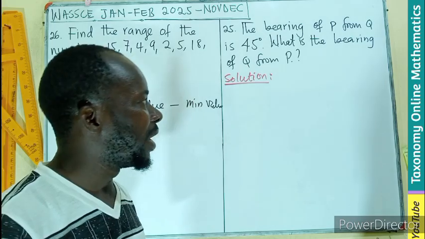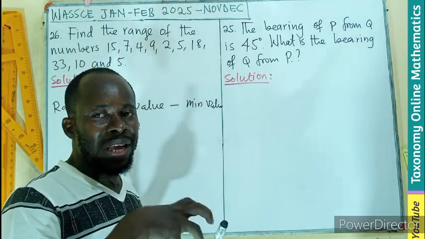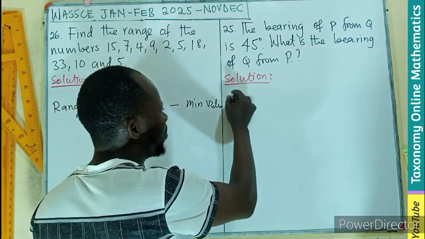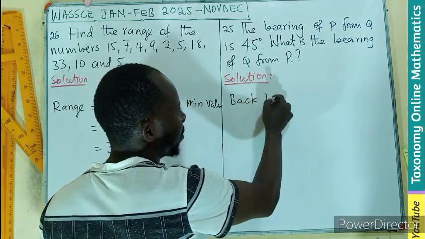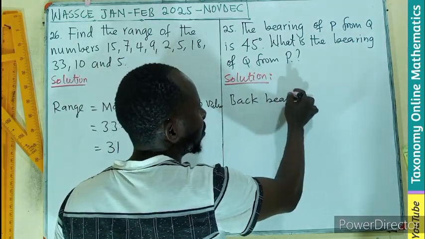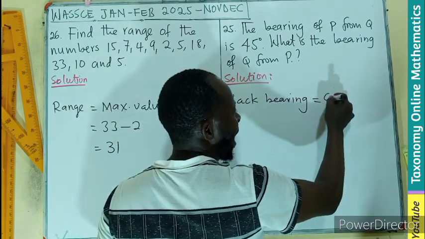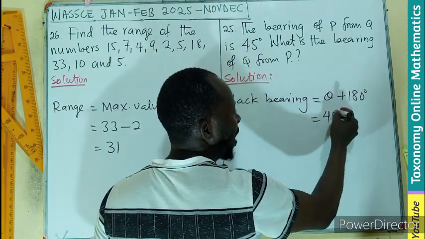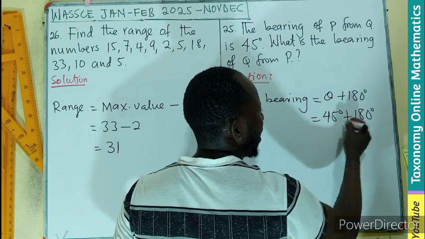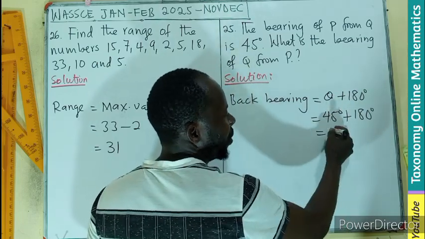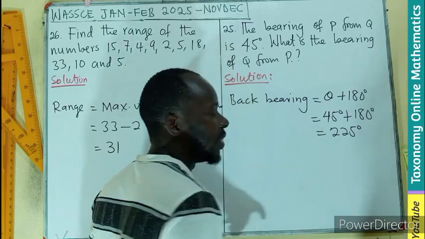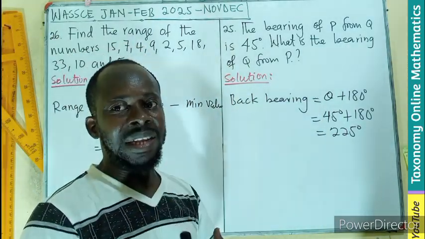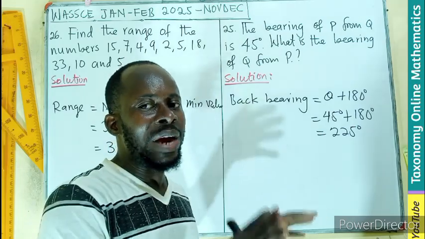If you are dealing with back bearing, if the angle given to you in the question is less than 180, the back bearing is just going to be the angle plus 180 degrees, which is 45 degrees plus 180, and that will be 225 degrees. That is back bearing. That is if the angle presented in the question is less than 180.